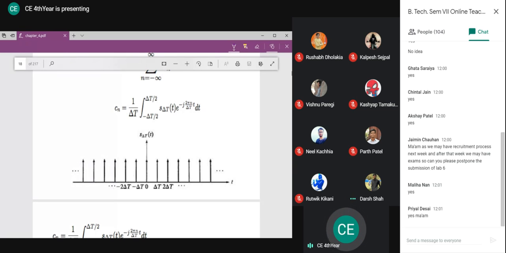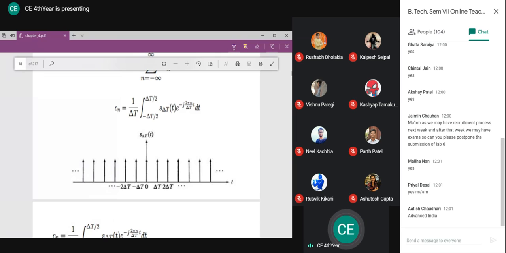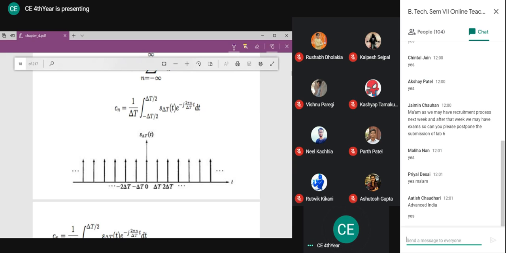For 6, you have examination from 24th. So when would you like to submit your assignment 6? According to your choice only. Advanced India is coming. Okay, fine. So when would you like to have it in the next week after your exam? Can I have Wednesday, Thursday after your exam? Suppose your exam completes on Friday, can I keep it on Wednesday, Thursday of that week? The next week after? Okay, fine.